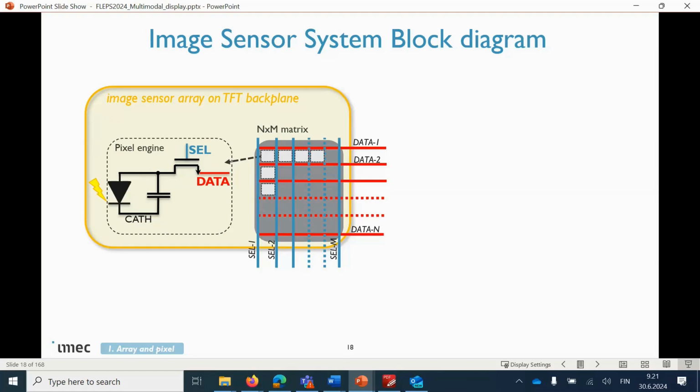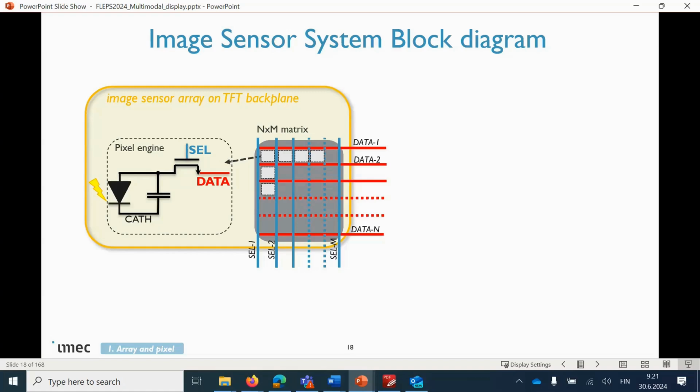And on the left side, there is a zoom in of one of the pixels. This is repeated all over the array, the same pixel all over the array. This is the most simple pixel that you can have. It's a passive pixel, as I call it, the passive pixel engine, which has only one transistor, one TFT, and a photodiode. The capacitor there is actually the parasitic capacitance usually of the photodiode.